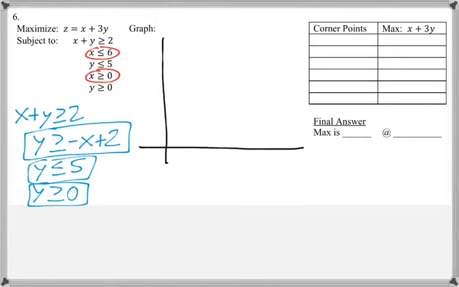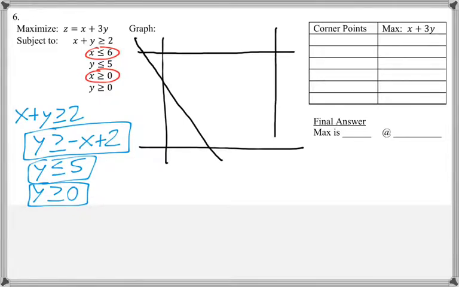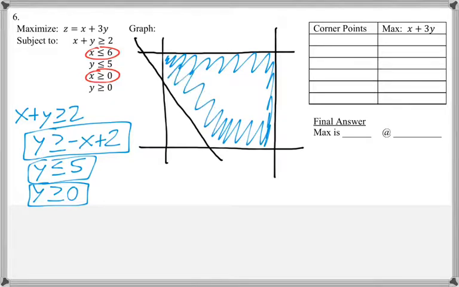So I had a horizontal line like that, and a line like that, and then I also had a vertical line here. So this is my feasible region. And we have 1, 2, 3, 4, 5 corner points to find.